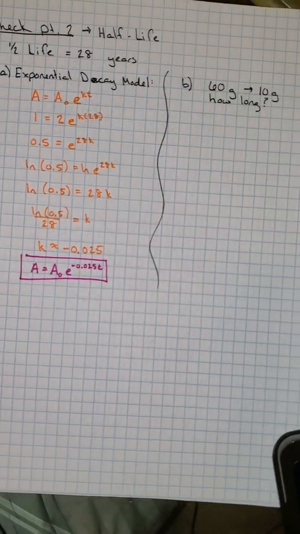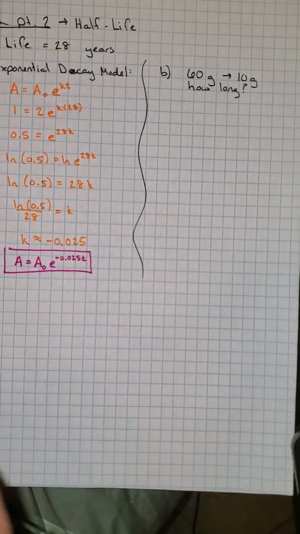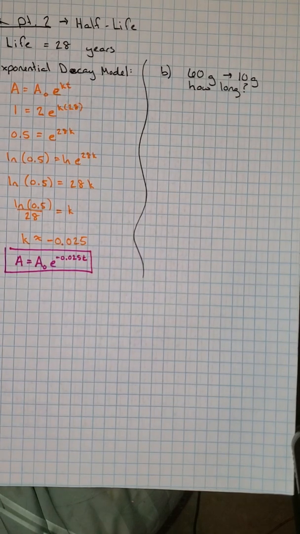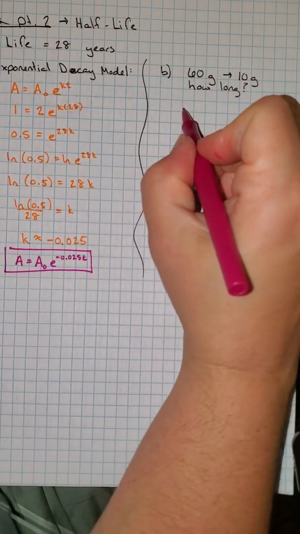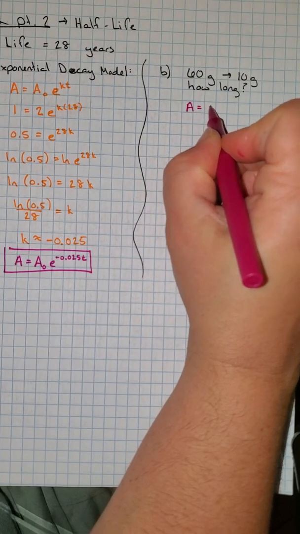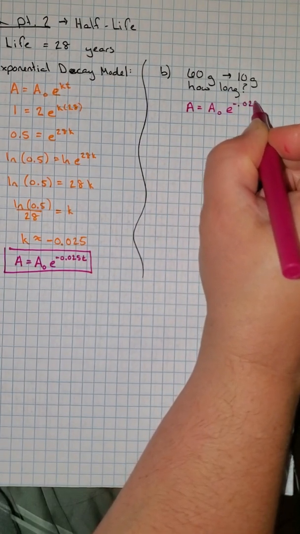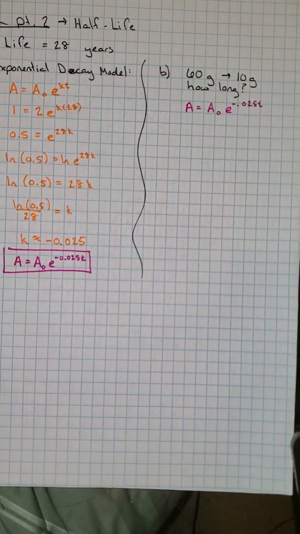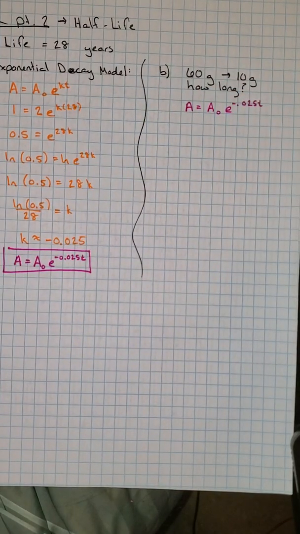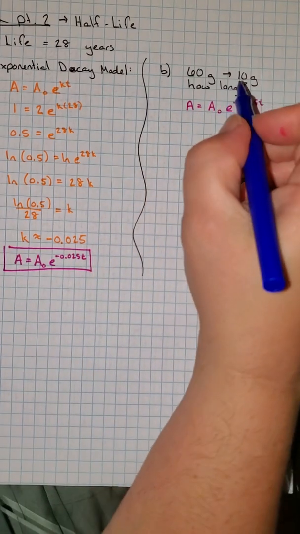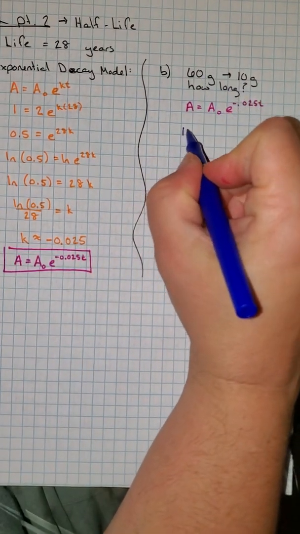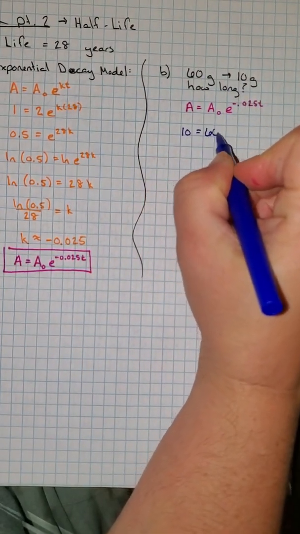So we're going to be finding t. We're going to use our model we just made in part A. And we know our beginning and our end. So we're having 60 turn into 10. So the end would be 10. The beginning is 60.